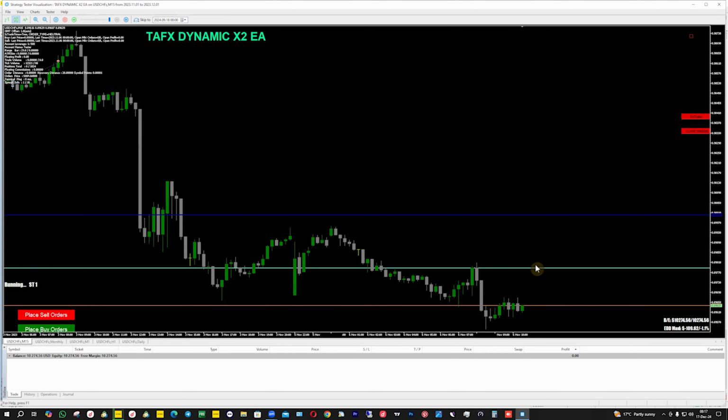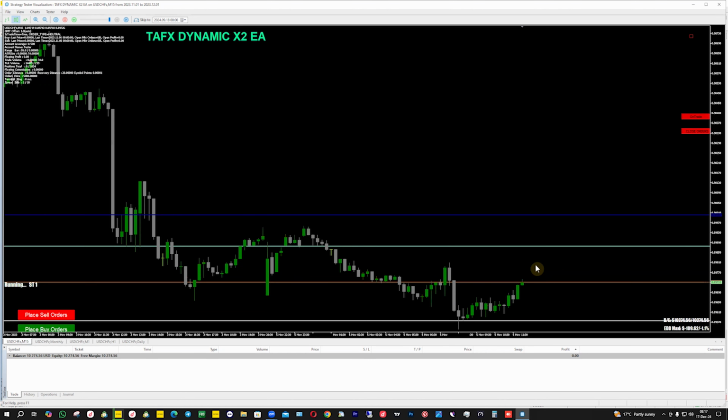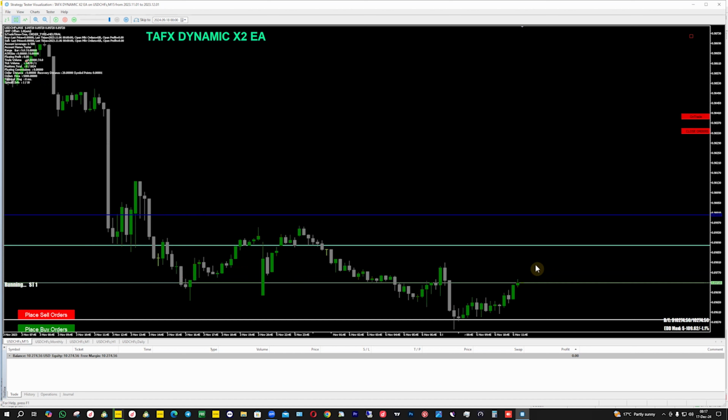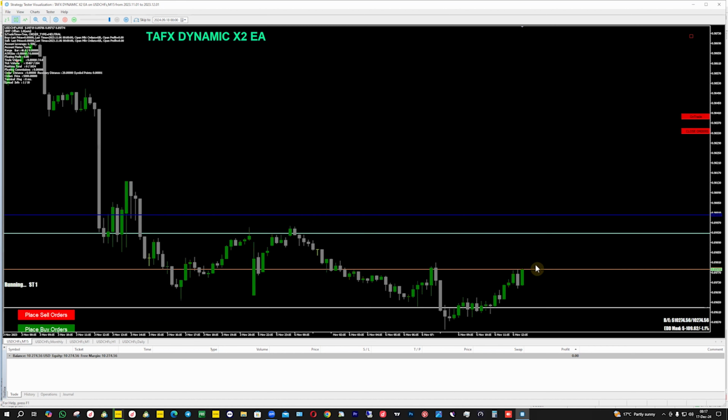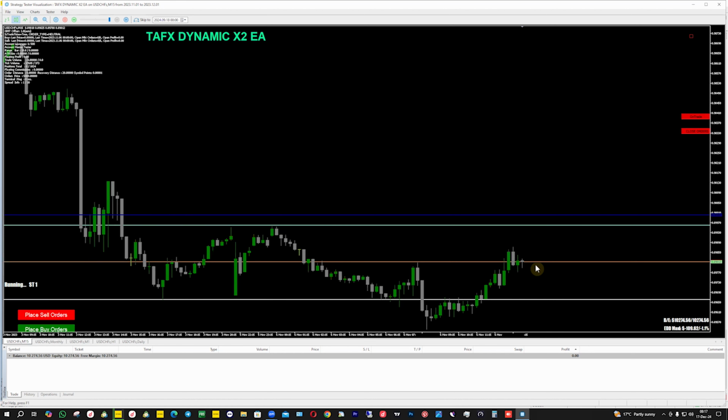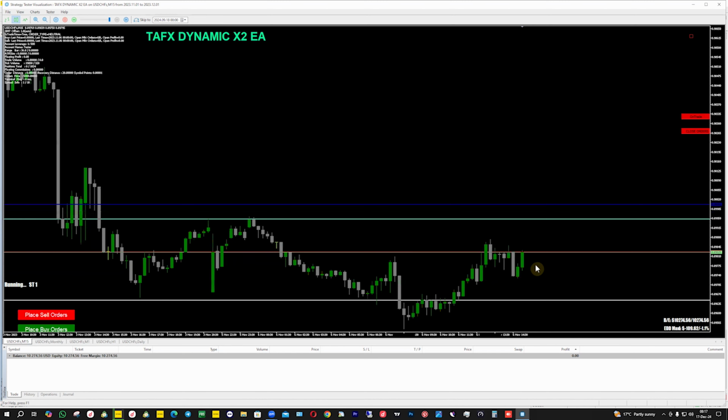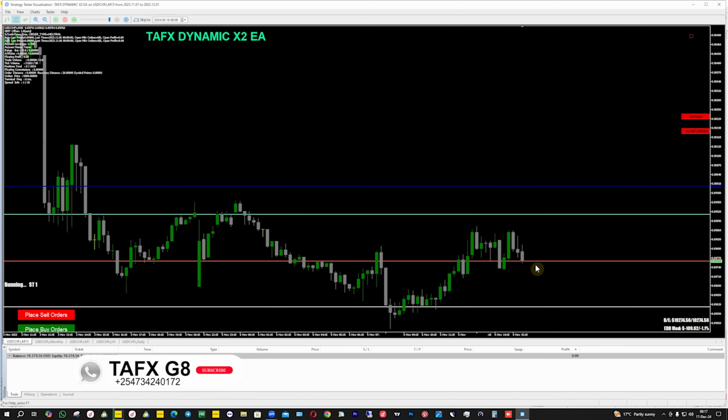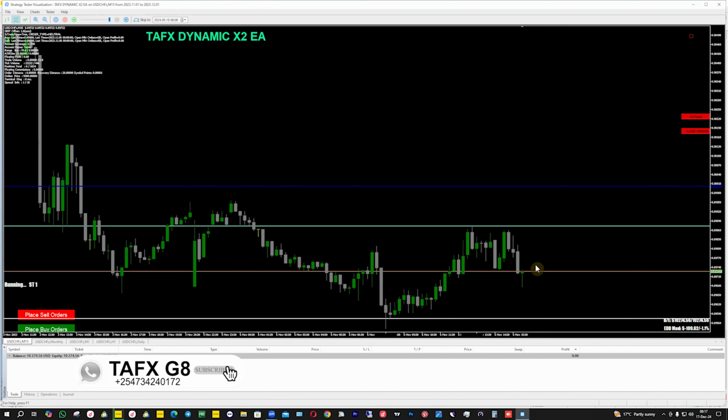So we have confirmation from other time frames. That's why the line remains relevant until that area is no longer relevant, which means the EA will delete the line automatically, and the line will become invalid because of a change of character in another time frame.